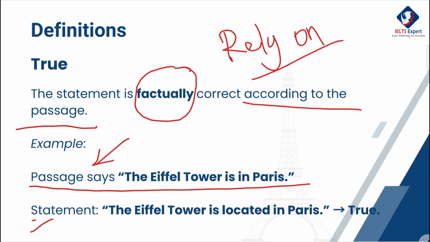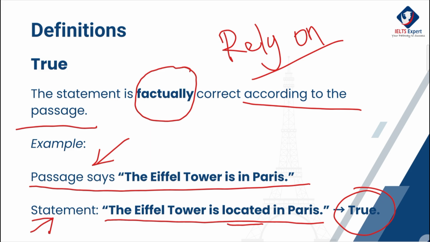So what about the statement? The statement mentions the Eiffel Tower is located in Paris, right? So there is a new word, located. You can see the passage says the Eiffel Tower is in Paris, and the statement says the Eiffel Tower is located in Paris. So it's true because it's a similar meaning.